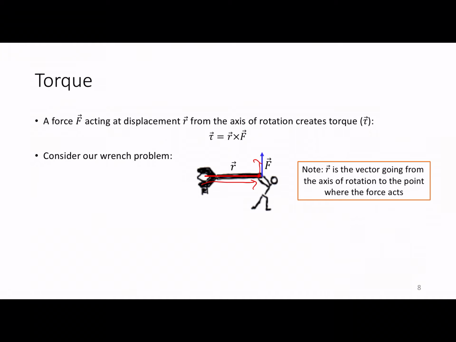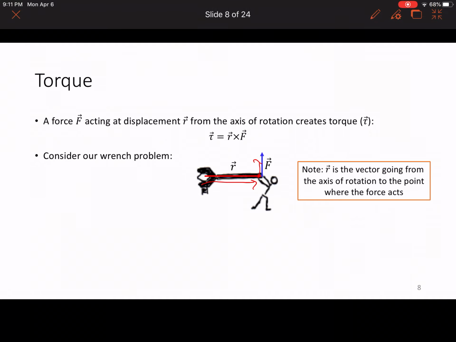So actually pretend you didn't see that. I want you guys to think for a second. First off, what's the direction of the torque? Point your fingers along r, curl them in the direction of F, and your thumb should be pointing out of the page. It should be pointing out of the board.